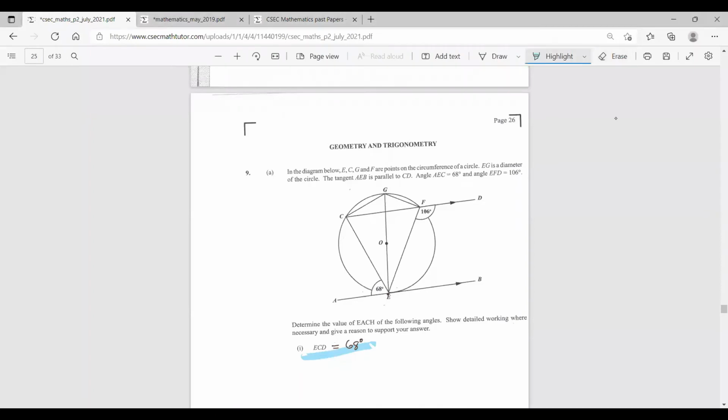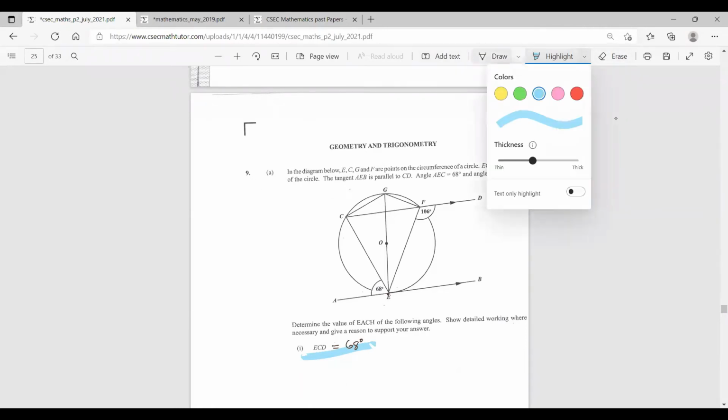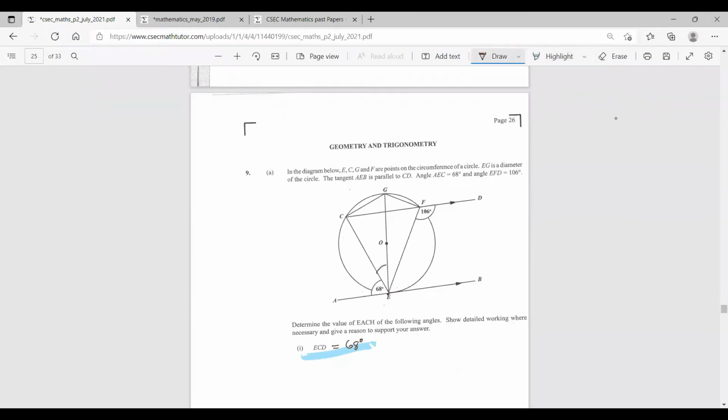Now they want angle CEG. So if we follow the lines, we'll end up with it being right here. C to E, E to G. How do we figure out how much is in here? Can anybody watch this and tell me what they're picking up about this area here? Remember, there's a rule I told you all about.